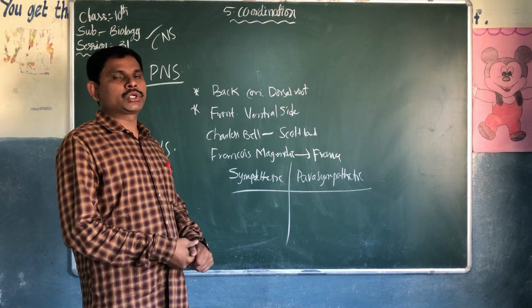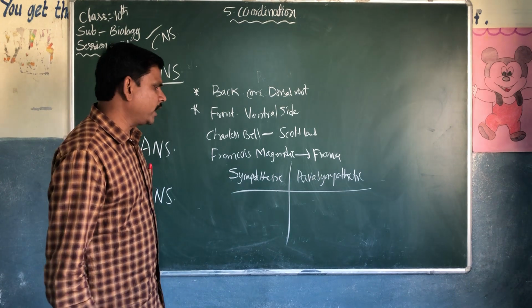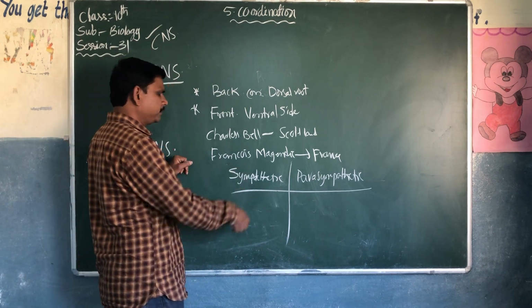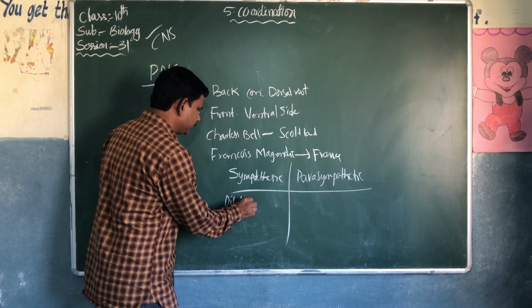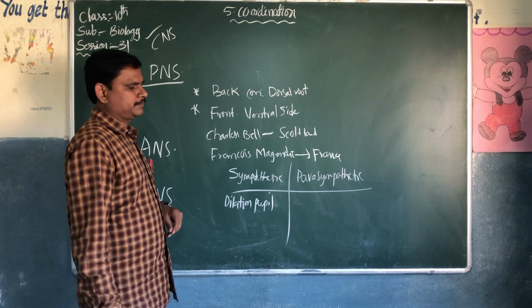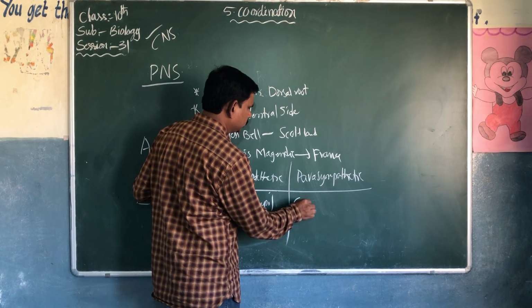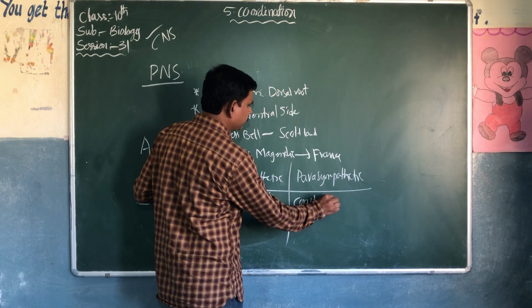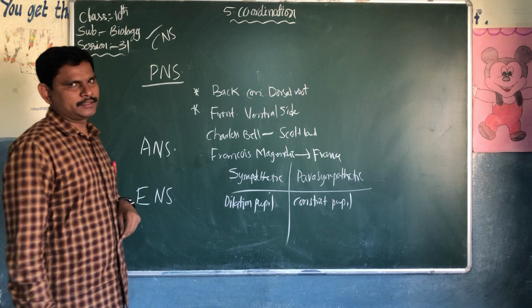They are under the control of the autonomous nervous system. For example, dilation of pupils is controlled by the sympathetic, and constriction of the pupil is controlled by the parasympathetic.